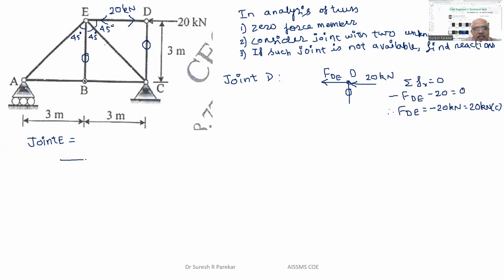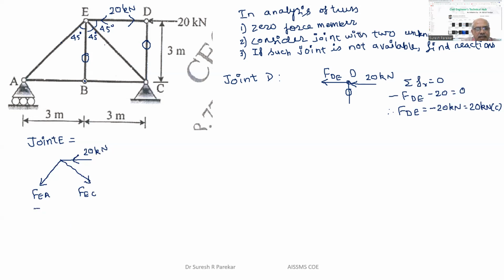Now considering joint E, we have 3 members and no external force is acting. So we again consider tensile FEA, which we have to find, then FEC, again tensile, and the force in member ED is 20 kilonewton compression. Do not consider the minus because we already made it compression.